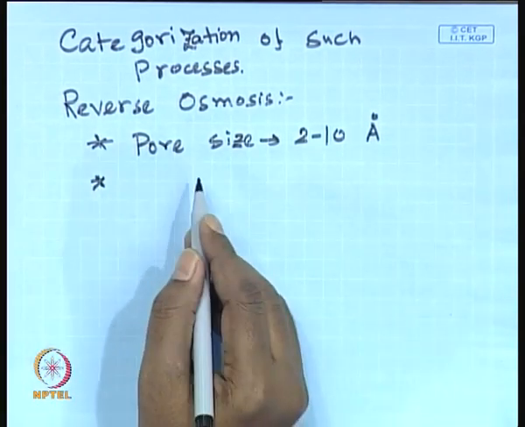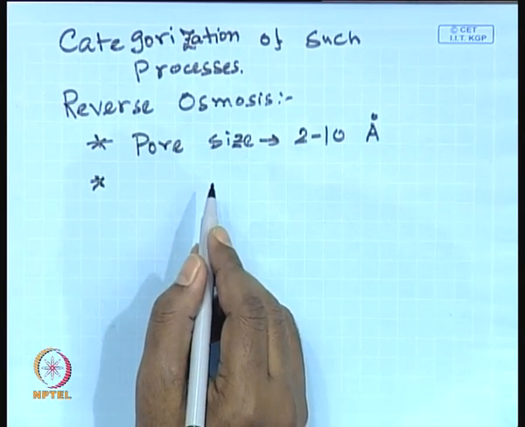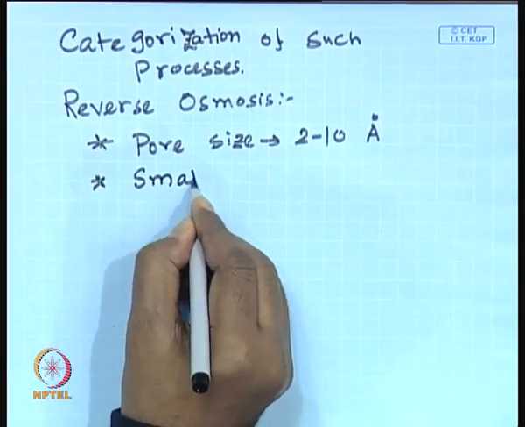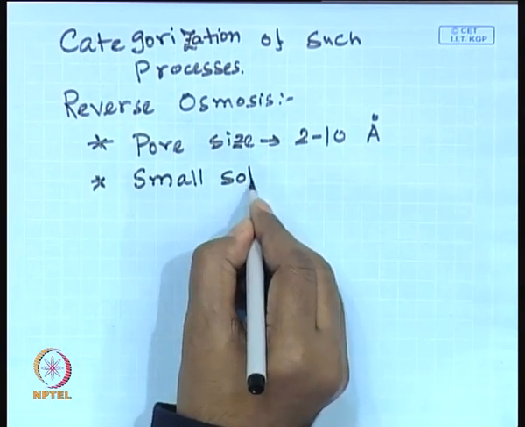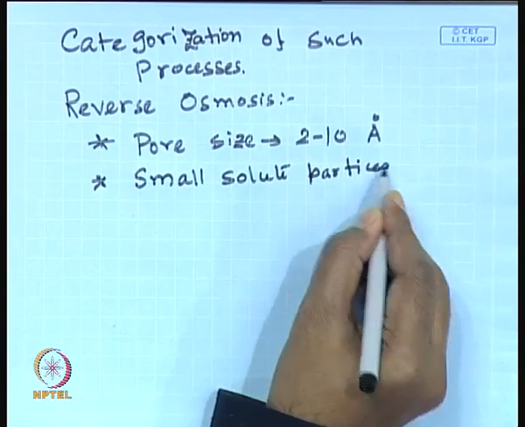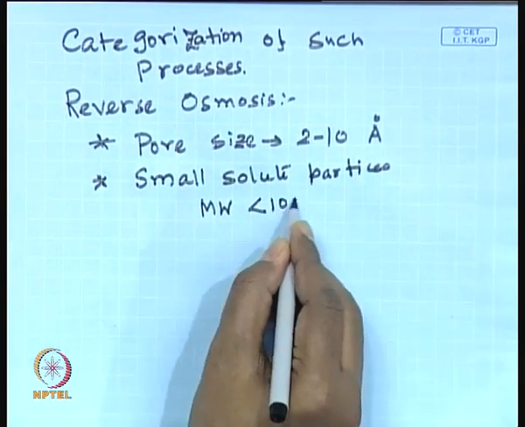Second, since the pore size is 2 to 10 angstrom, it will be used for separation of very low molecular sized material. Okay? That means you are going to separate small solute particles which will have a molecular weight typically less than 100.